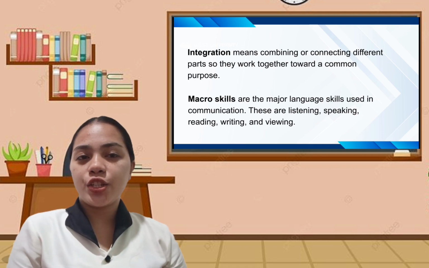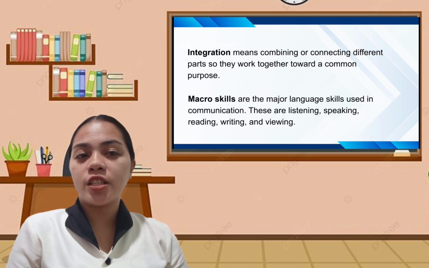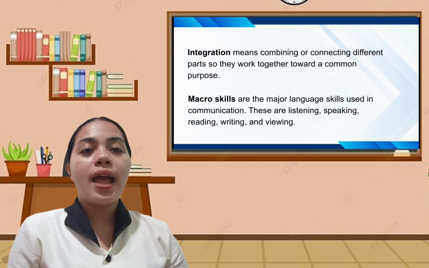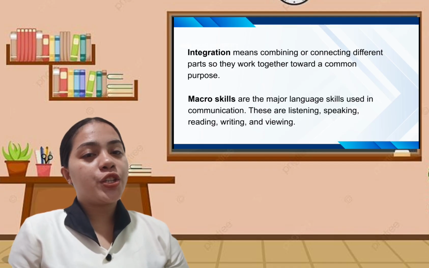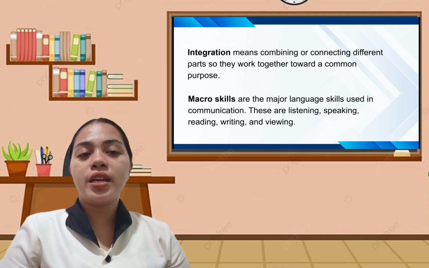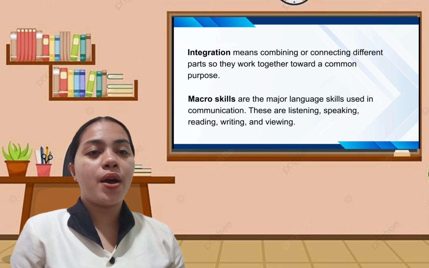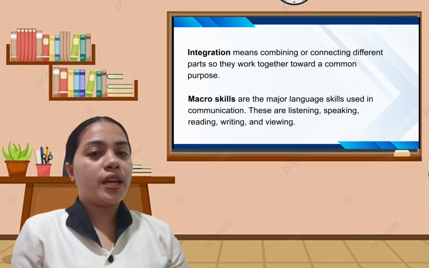In English teaching, this means we do not always teach one language skill separately. We can combine two or more skills in one activity. For example, when I show a picture and ask students to describe what they see, they are viewing the picture and speaking about it. So two skills are already being integrated.